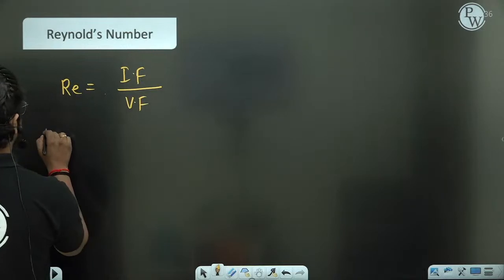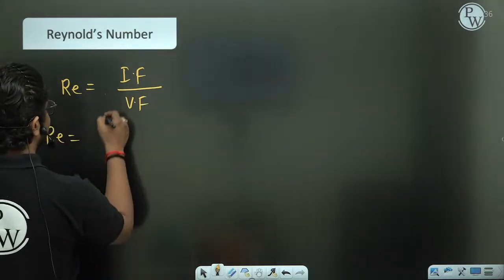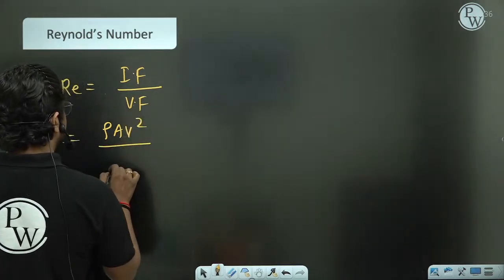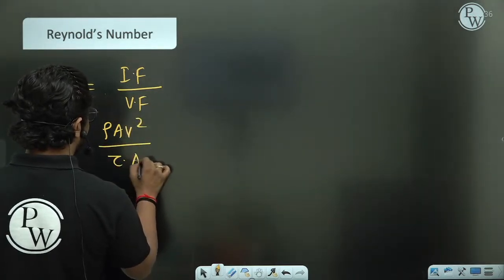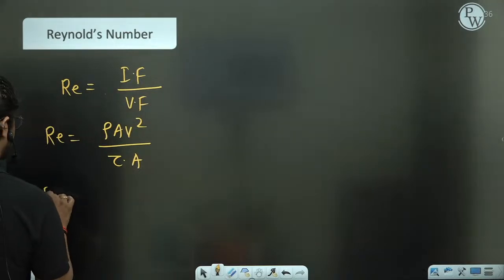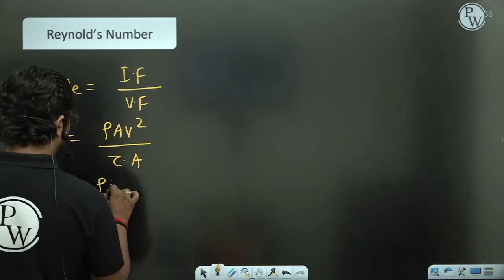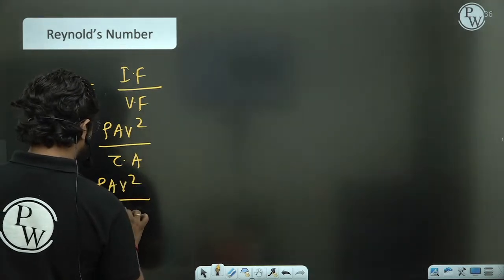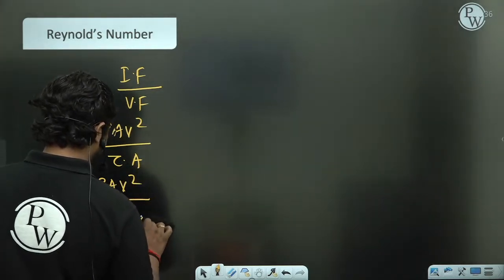Now, if you see the formula, inertial force is rho A V square. Viscous force will be shear stress into area. So Re will be rho A V square over tau, where tau we can write as mu into V upon y, into area.